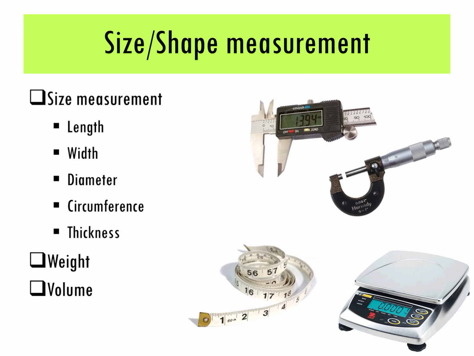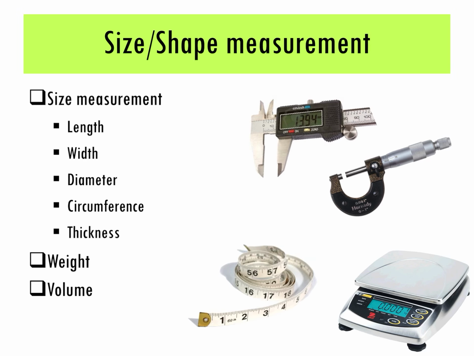Size and shape measurement is a very basic instrumental measurement, but very important at the same time. Size can be measured by the dimensions of foods, or we can measure the circumference or the thickness of the food.